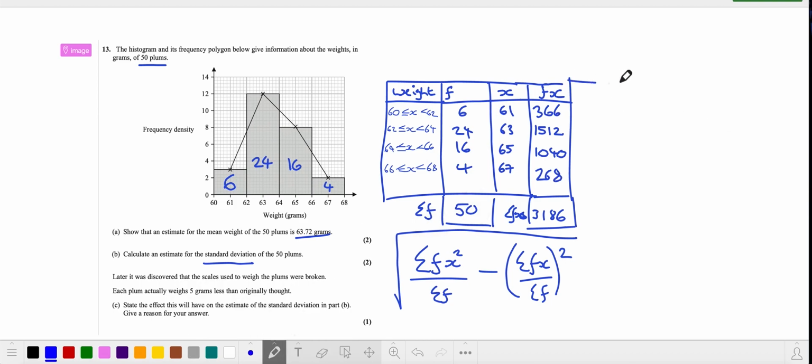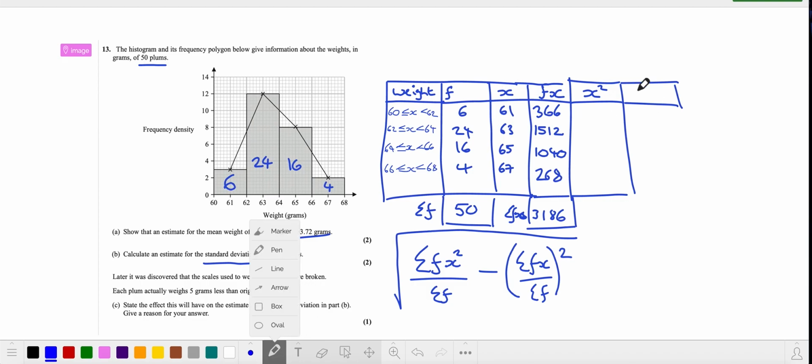So I'm just going to make a new column in my table, so I'll get rid of that. We've finished with that now. Okay, so we're going to have x squared this time, and then we'll have another column for fx squared. So x was 61 means x squared is 3,721.